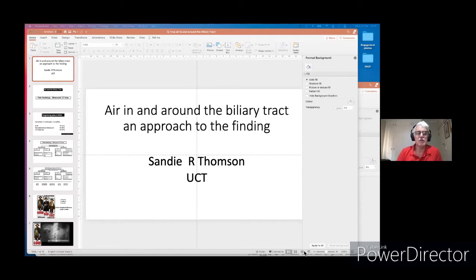You heard Jeremy, obviously it's an imaging sign, because we do not really encounter it in the course of the clinical examination and investigation. For many, many years, all that we had was plain radiology in the old days, supplemented by ultrasound, and obviously air was the enemy of the ultrasonographer.